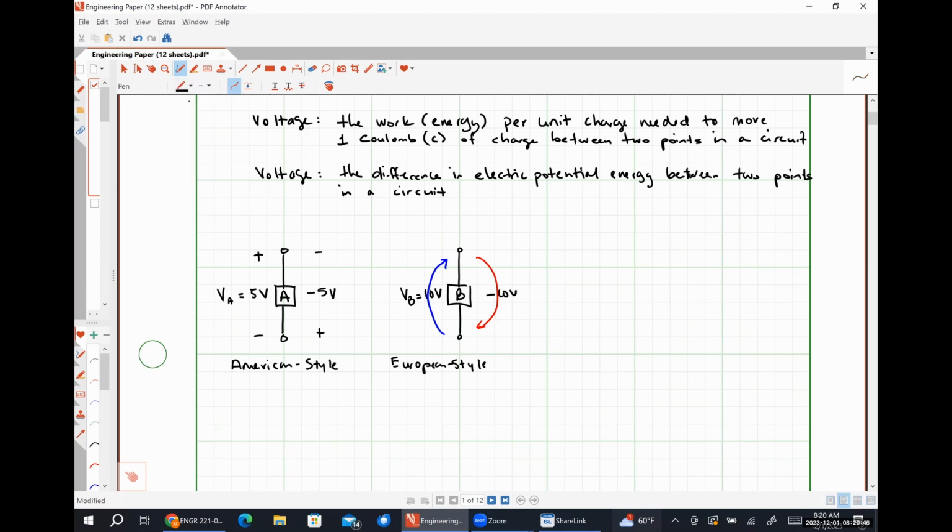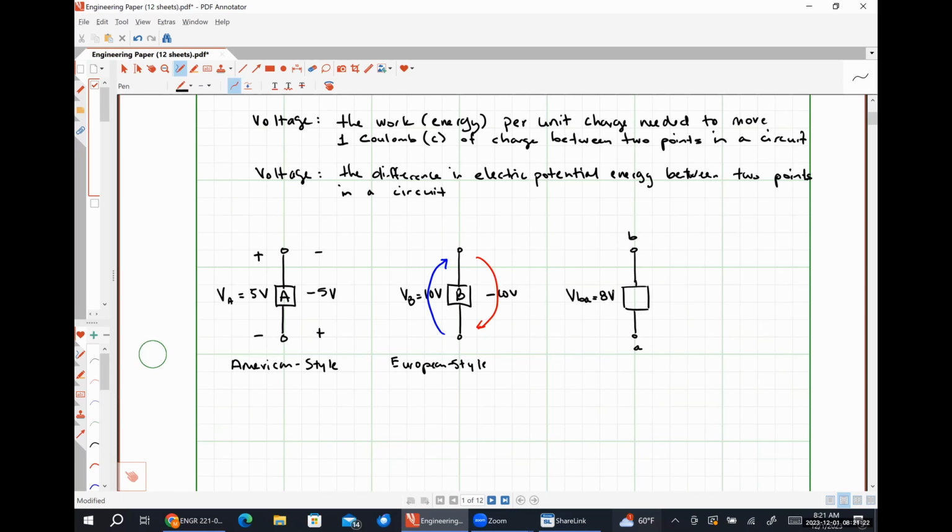And then the last way that we could represent a voltage in this class, which we will do in a modified form, is what's called the double subscript notation. So I'm going to label this top terminal B and this bottom terminal A, and I'm going to say that VBA is equal to 8 volts.